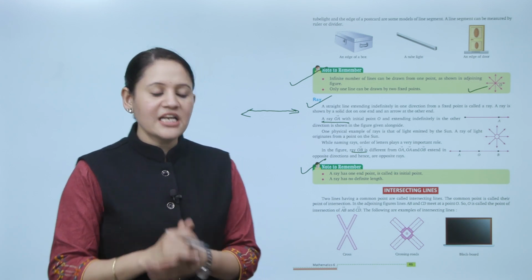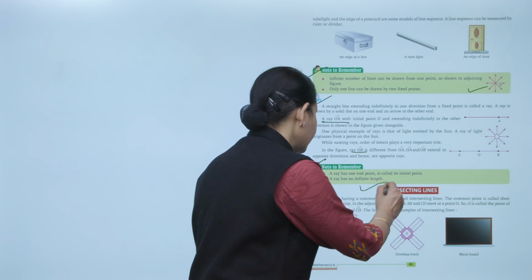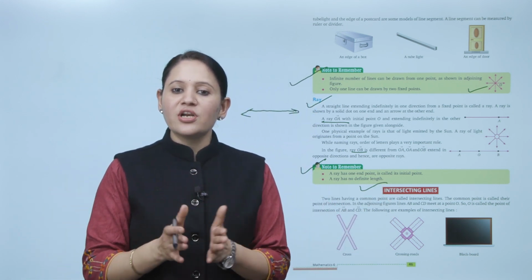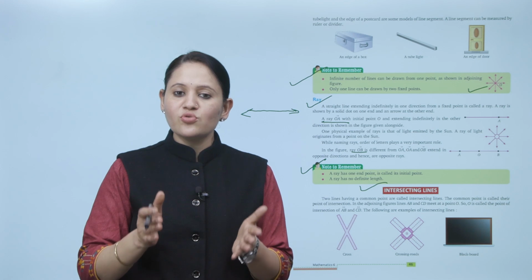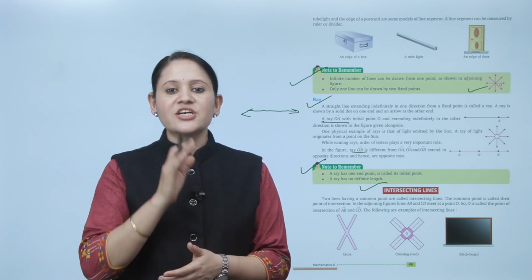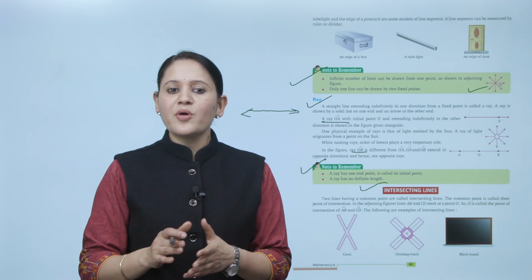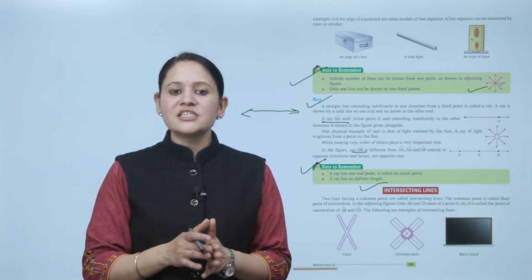Next is intersecting lines. Two lines having a common point are called intersecting lines. Means if two lines intersect each other at a point, they are known as intersecting lines. The common point is called the point of intersection.